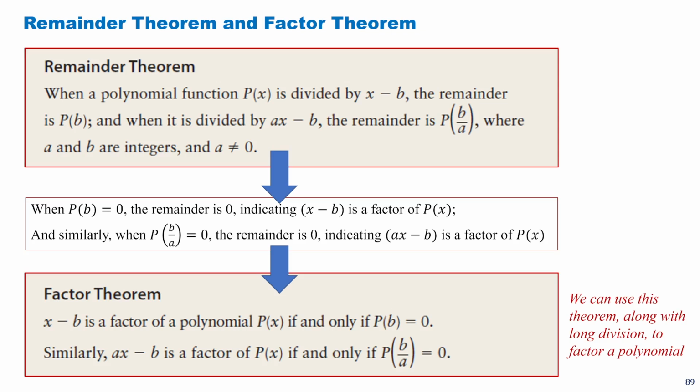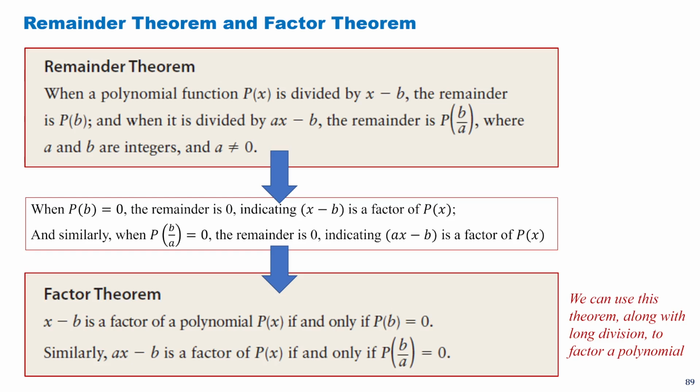So this gives us the fact that when p(b) is 0, the remainder is 0, indicating x minus b must be a factor of p(x). Similarly, when p(b/a) is 0, the remainder is 0, indicating ax minus b is a factor of p(x).